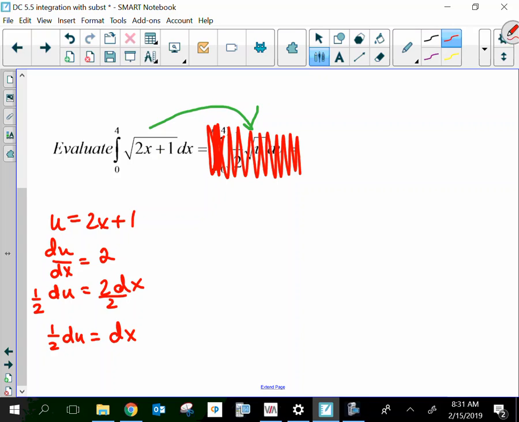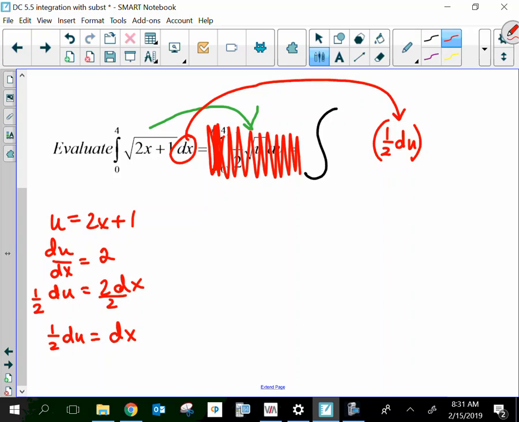We have a dx. So we are going to swap the dx for 1/2 du. This became that.